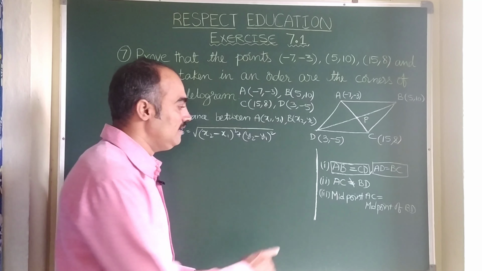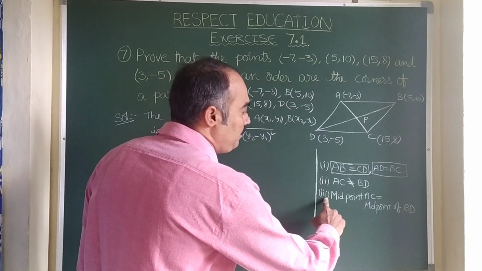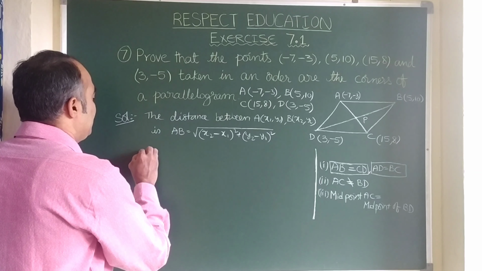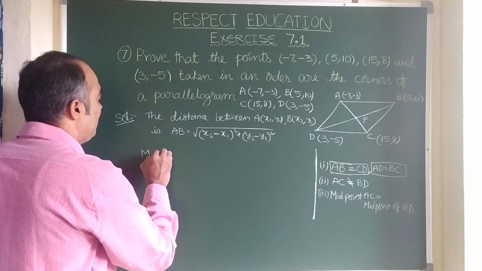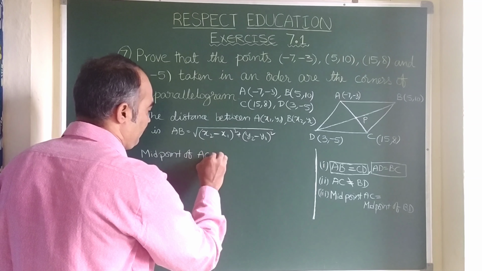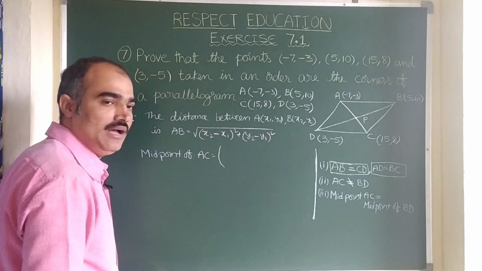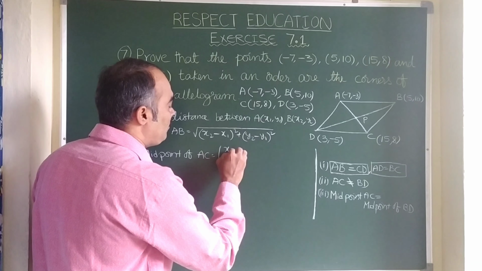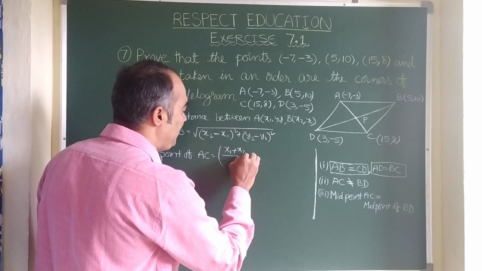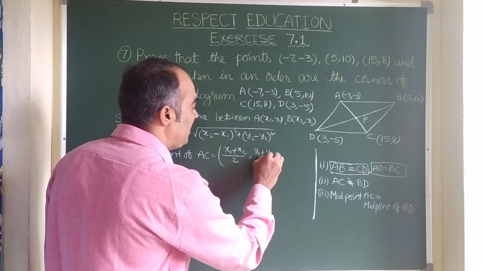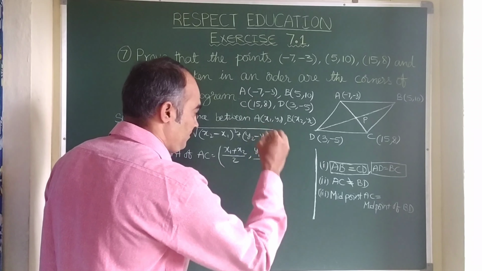Now let us check the third condition, that is, midpoint of AC equal to midpoint of BD. So let us find the midpoint of AC. Already we have discussed the formula, that is (x1 plus x2)/2 comma (y1 plus y2)/2, right?